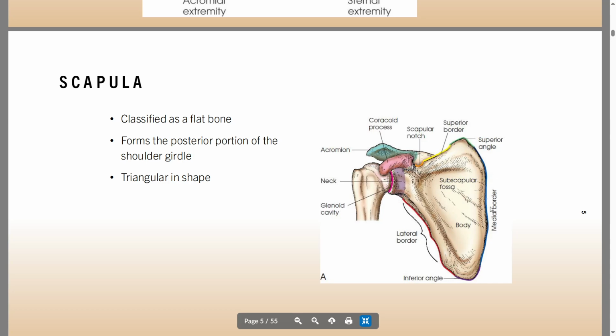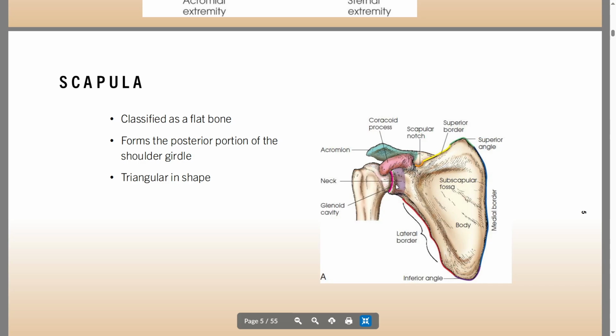When you're orienting yourself on an image, trying to decide what side's lateral border, what side's medial border, it'll make a lot more sense because you'll be able to see where the patient's spine is, where their humerus is, and you can kind of identify it that way. But if you're looking at just a picture of the scapula and trying to identify which side's medial, which side's lateral, always look for the glenoid process here, where the humeral head will articulate to form the glenohumeral joint.